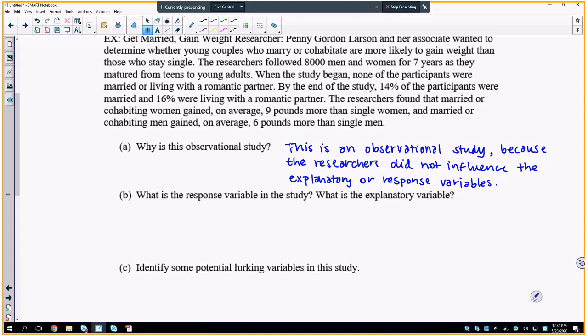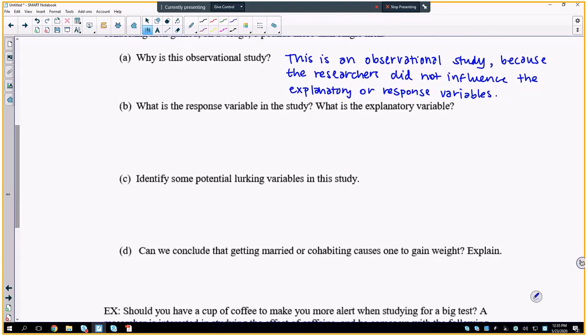Question B, what is the response variable in the study? What is the explanatory variable? So the response variable is the effect that we're trying to study. So let's say the response variable, we want to know if people are gaining weight. And when do we want to know if they're gaining weight? Well, after getting married or cohabiting.